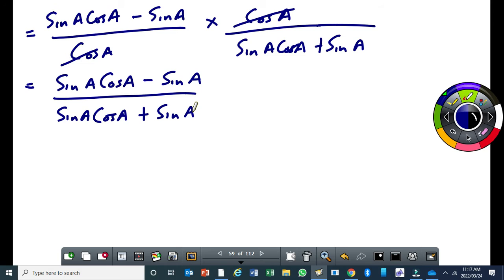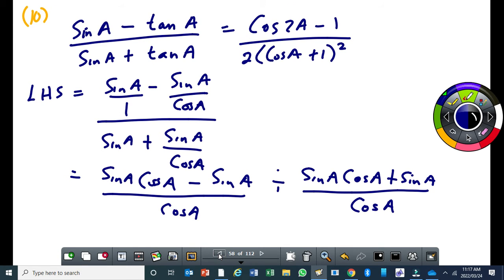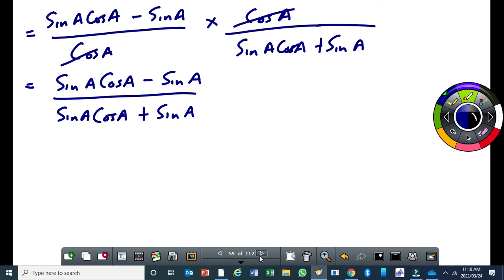Okay, then from here now, remember, what's the objective? The objective is to get cos 2A minus 1 in the numerator, and the denominator has got that 2. So what you can do, when you get to this point here, we can convert this sine A cos A. I'm sure you can see that it looks like the sine theta cos theta without the 2.